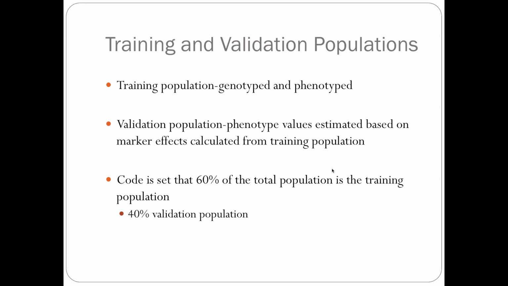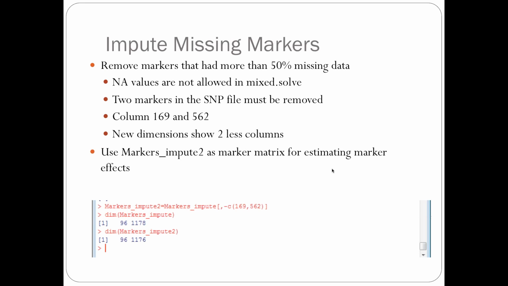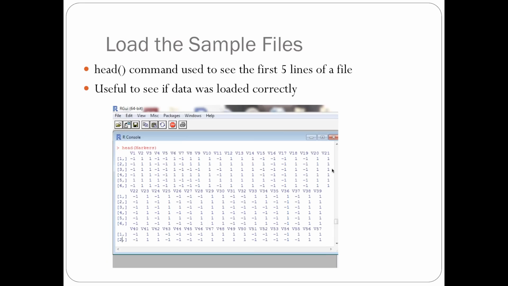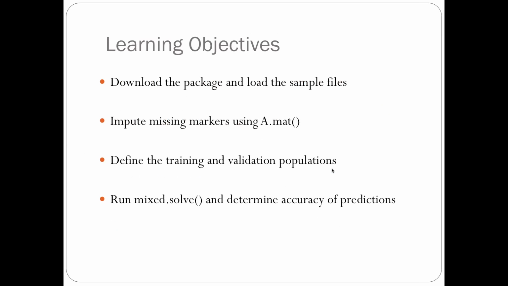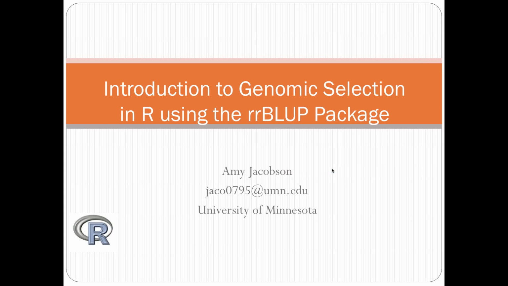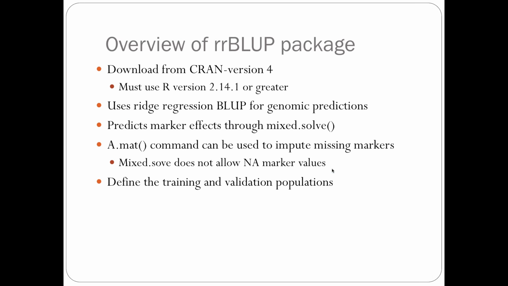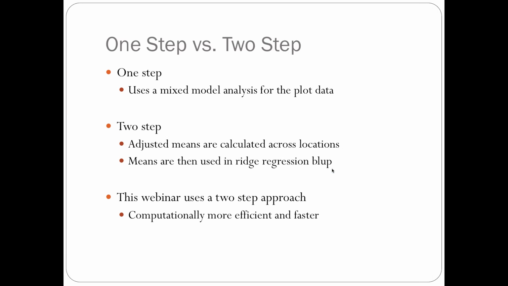All right, another question for you, Amy, is please clarify the difference between one-step and two-step methods and why you would choose one over the other. What about G times E in this choice? Okay, let me go back up to the slide. I use a two-step approach basically because it's easier and faster.